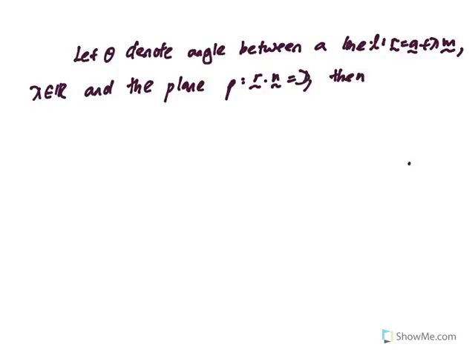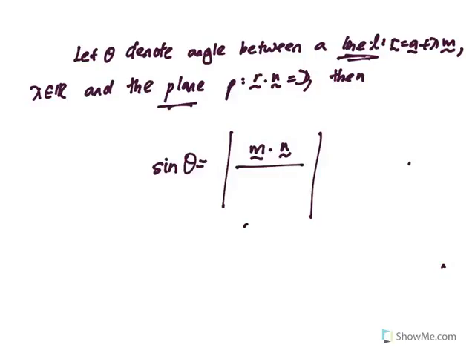Then the angle between the line and the plane is given by their direction and normal vector: sin theta equals the modulus of m dot n over the modulus of m times the modulus of n, where m is the direction vector of the line L and n is the normal vector of the plane. And theta is acute unless otherwise stated.